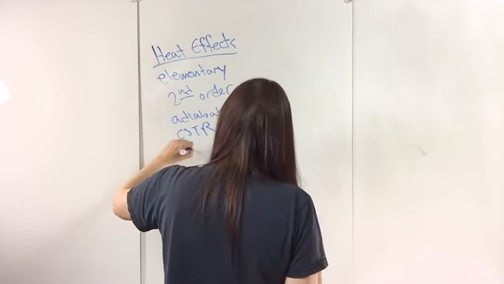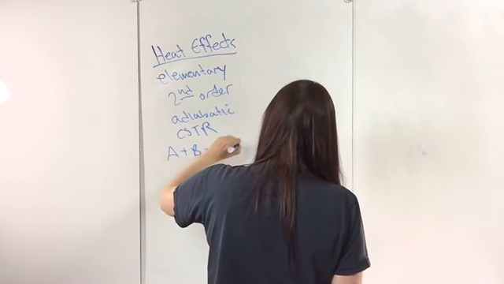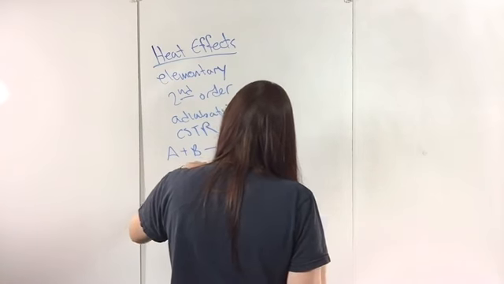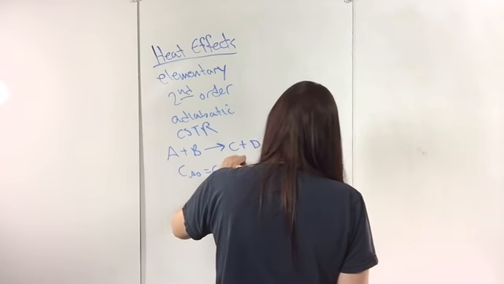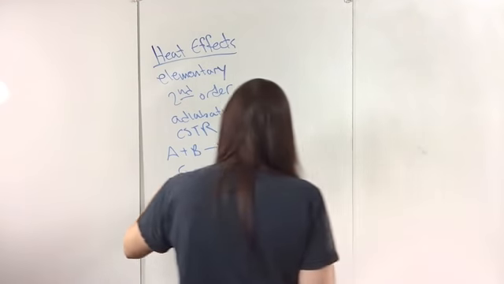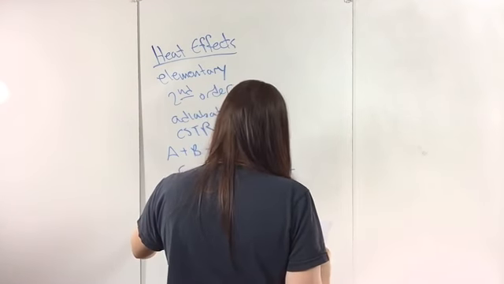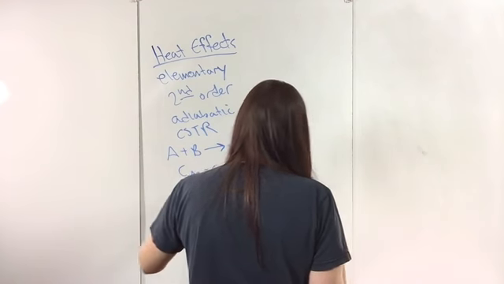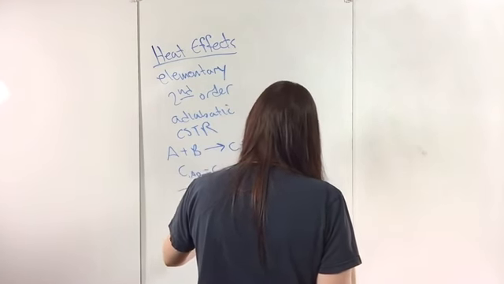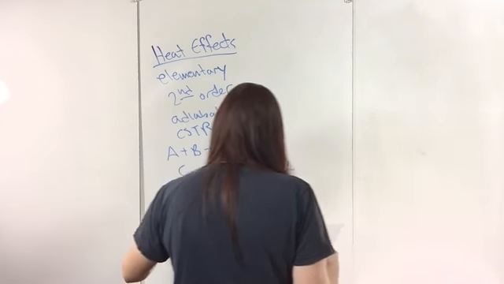So it's A plus B to C plus D. CA naught is equal to CB naught is equal to 2.4 moles per liter. T naught is equal to 300 K. V naught is equal to 15 liters per minute.